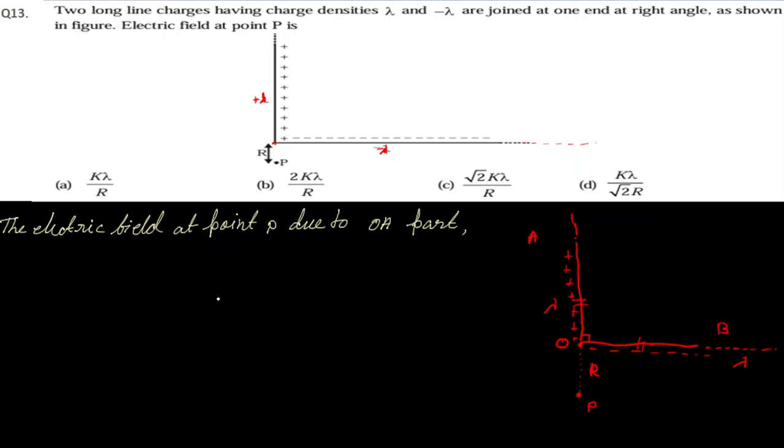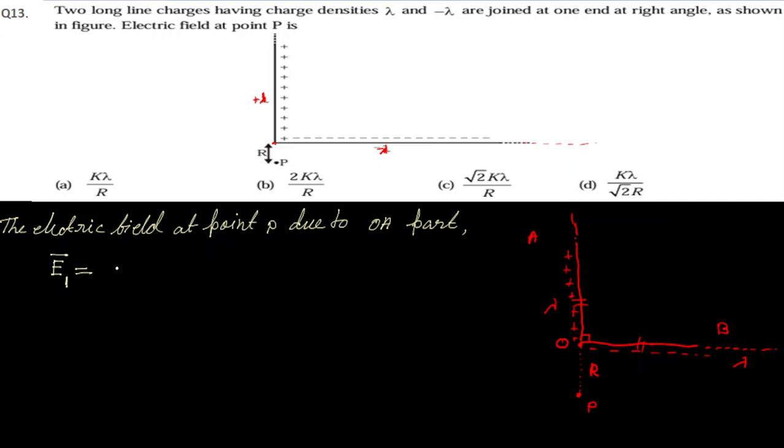What will be that electric field? In this case, you can see the point P actually lies on the axis of this charge-carrying wire. We have already calculated the electric field for this type of case. So what will be the electric field? Let me write it as E1.